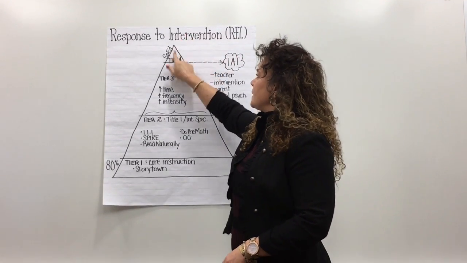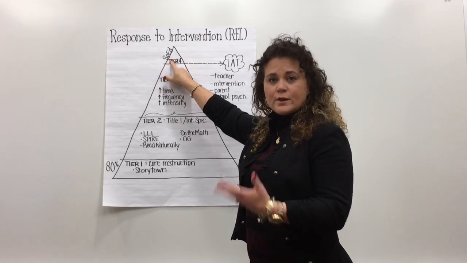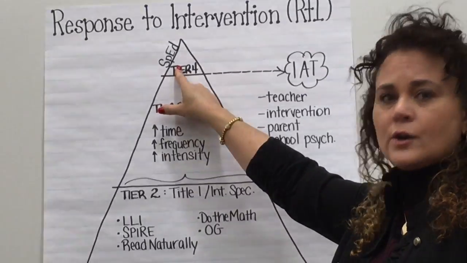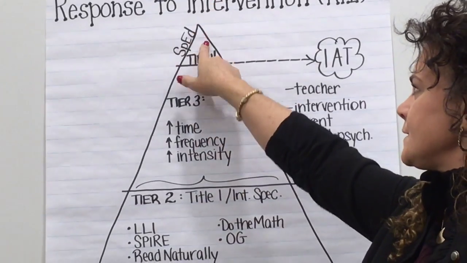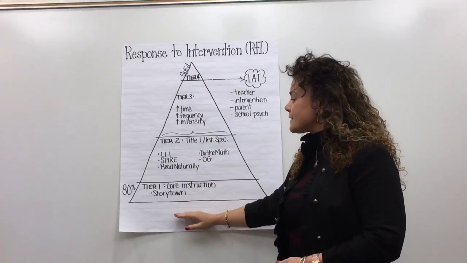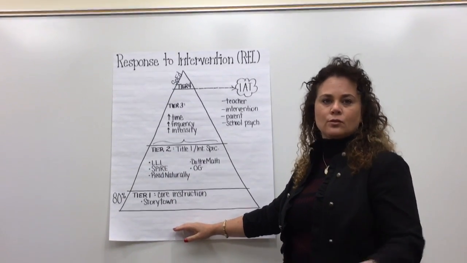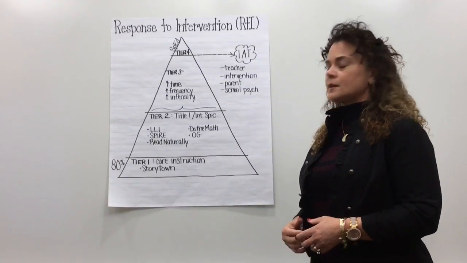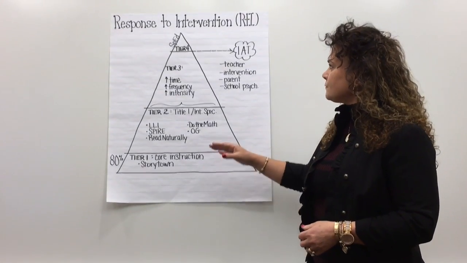And then they're going to kick up into Tier 4, which is special education. Again, the goal, it's very few who are going to make it up to Tier 4 because you've put all of these interventions in place from the get-go, from kindergarten. You've identified those children who might have struggles in school.